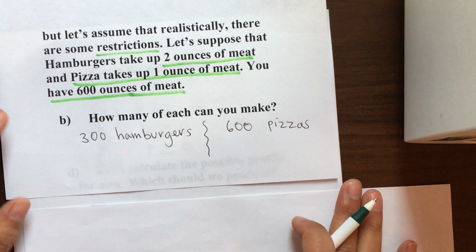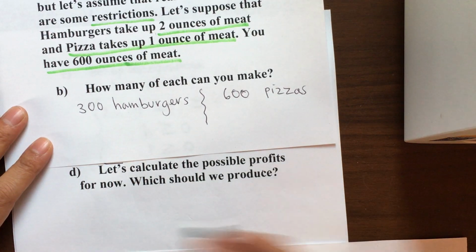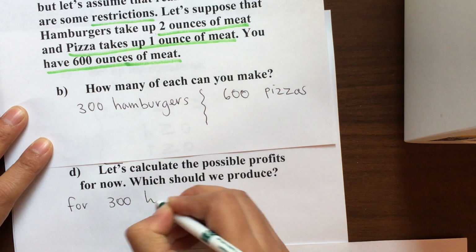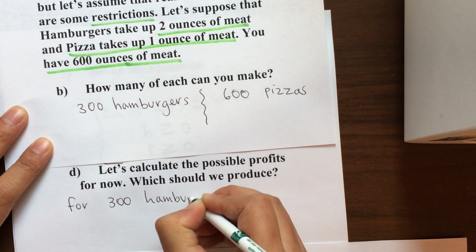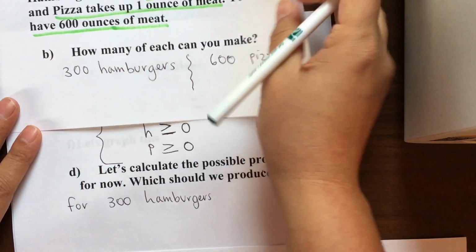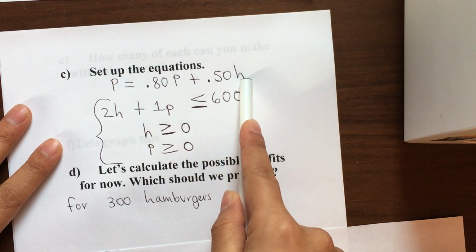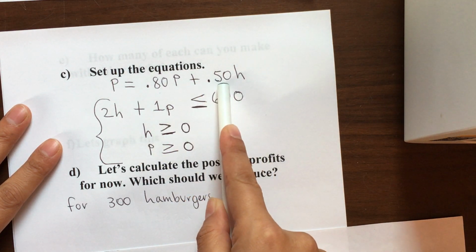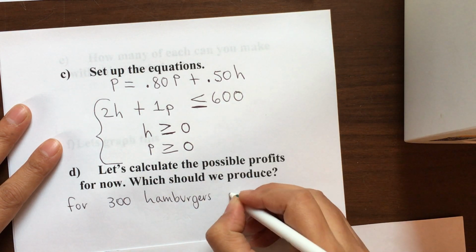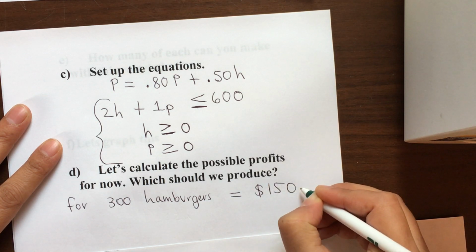So what would be the profit for 300 hamburgers? Well, 0.50 times 300 is equal to $150.